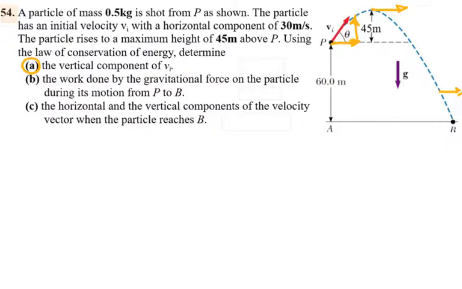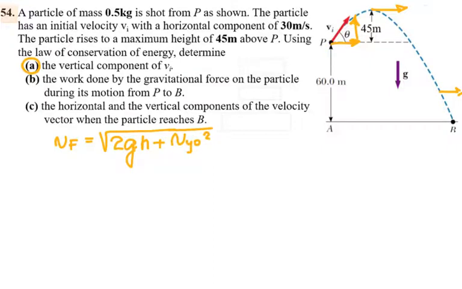Because I know that the height is 45, I can use the vertical velocity and I know acceleration. So I know the final velocity formula, because I know distance and acceleration, is equal to the square root of 2 times acceleration, in our case is g, times the distance, that's the height of 45 meters, plus the initial velocity squared, so that's vy initial squared.